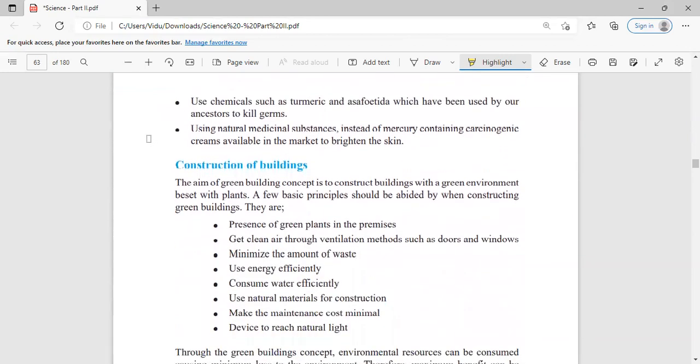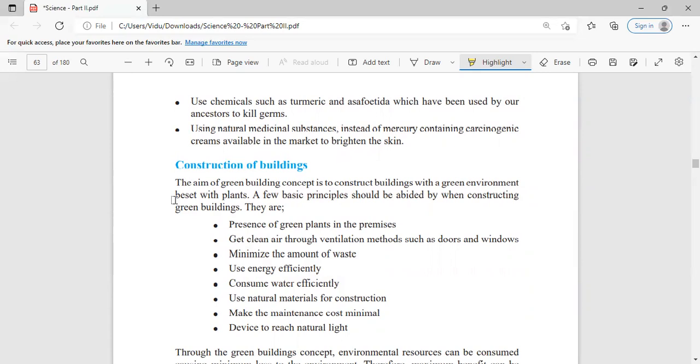Use substances such as turmeric, which have been used by your ancestors to kill germs. Use natural medicinal substances instead of mercury-containing creams available in the market to brighten the skin.